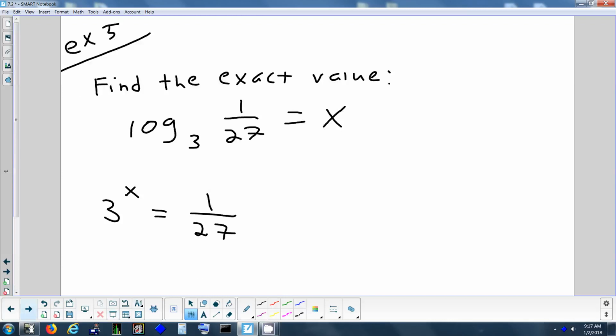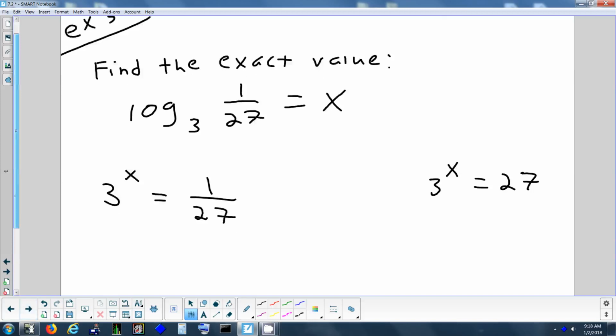Now, if you get stuck looking at that and you're like, well, 3 to what power would give me the fraction 1 over 27? First, look at this one. See if you could figure out 3 to what power would give you 27. And then if you figure that out, exponents that are certain kinds of numbers cause it to flip. So, Peter? -3. Would be -3. Yep.